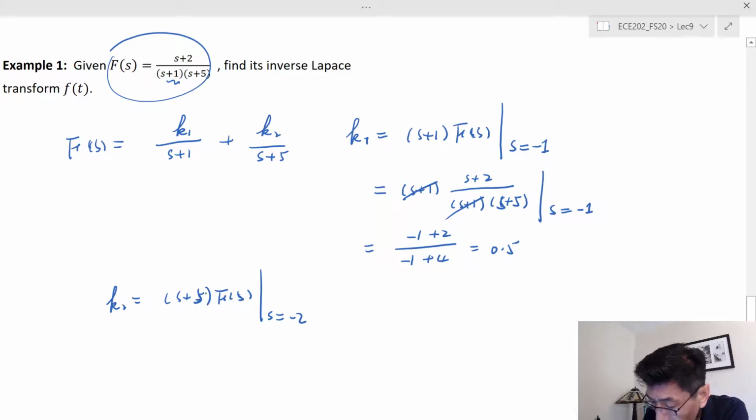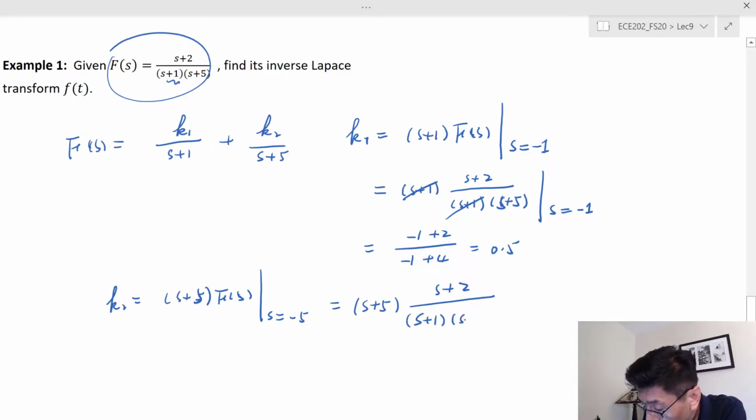Okay, and I should evaluate it at -5. In this case I have negative s plus 5 times, again copying the F(s), s plus 1 times s plus 5, and the s plus 5 cancels, and then we evaluate at s equal -5.